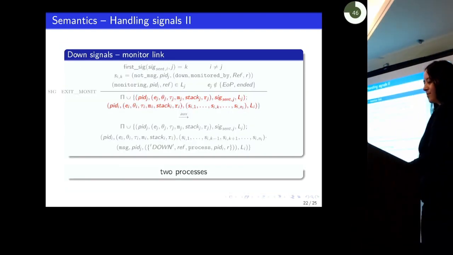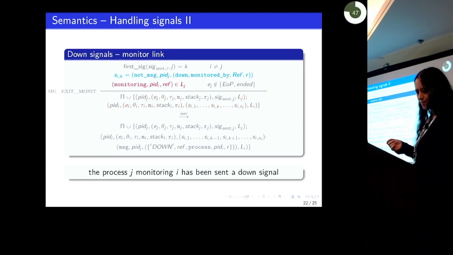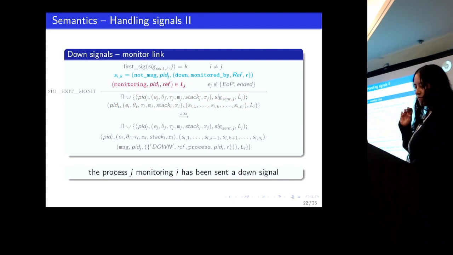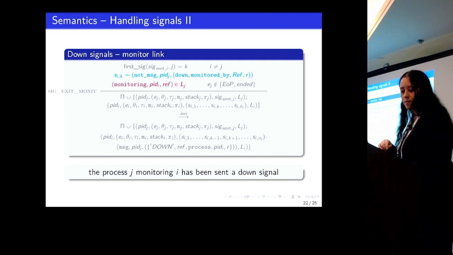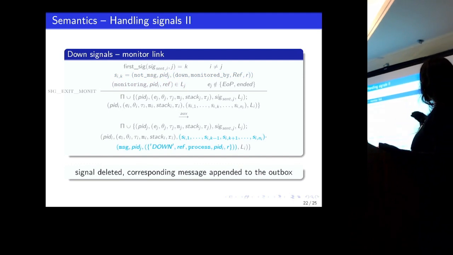More simply, it needs two processes: the process J and the process I. The process J has received a down signal from the process I, and the process J is still monitoring the process I. In this case, the signal is deleted, and the corresponding message is appended to the outbox of J.